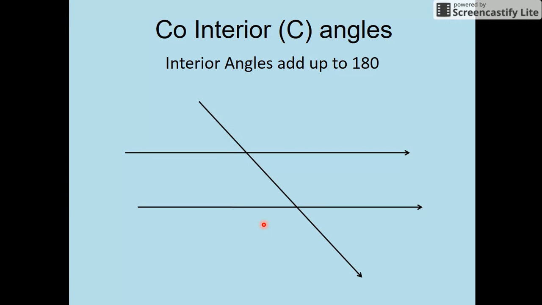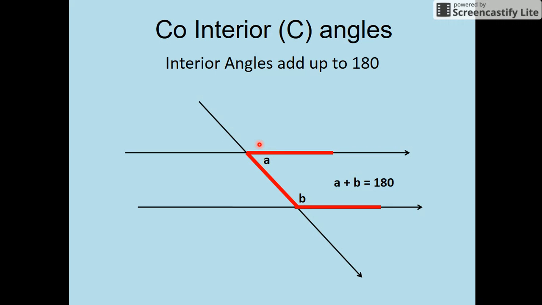All right, now we're looking at co-interior. Now, if we're with something, we're working with someone. So together, the angles will add up to 180 degrees. So if we give you one and it's 100, you know the other one will be 80. Okay, so together, working together, they add up to 180 degrees. And this is where you'll find them.